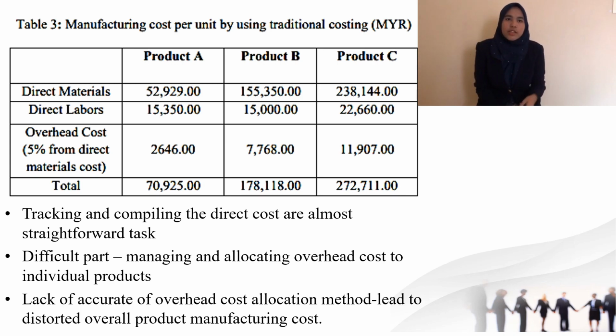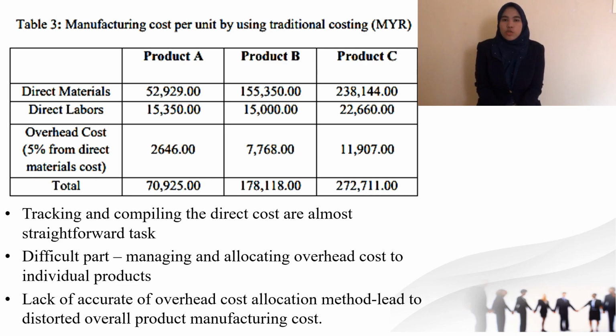155,350 ringgit. The direct labor is 15,000. The overhead cost is 7,760 ringgit, and the total cost is 178,188 ringgit Malaysia. For product C, the direct material is 238,144 ringgit Malaysia.